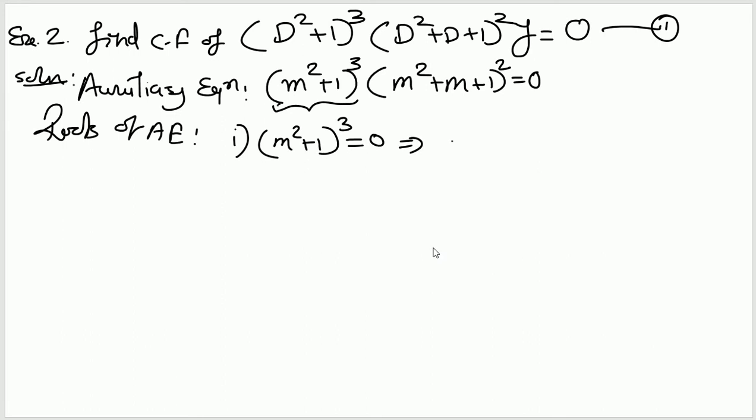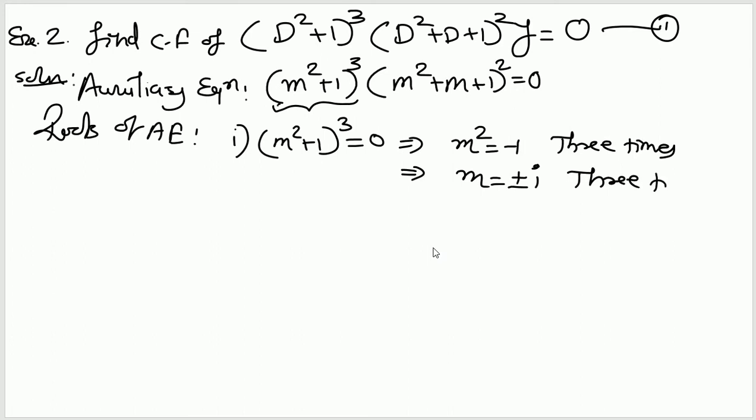This implies m^2 = -1, and this is 3 times. So this gives us m = ±i, 3 times. That means ±i repeated thrice.